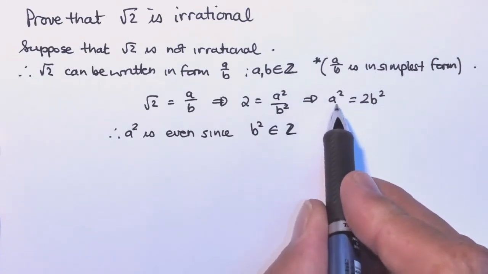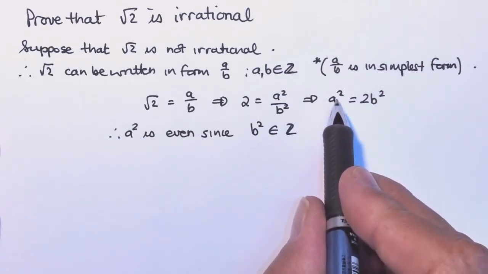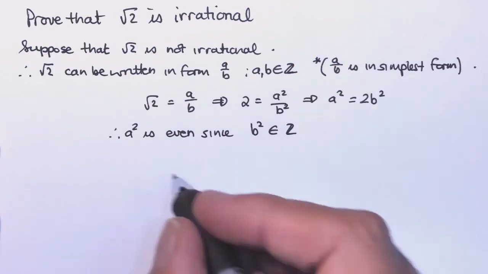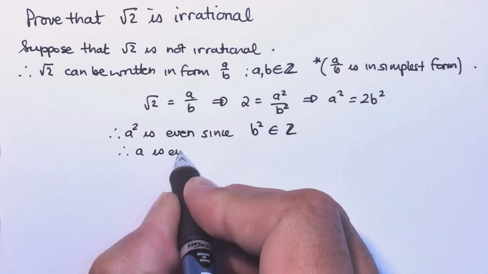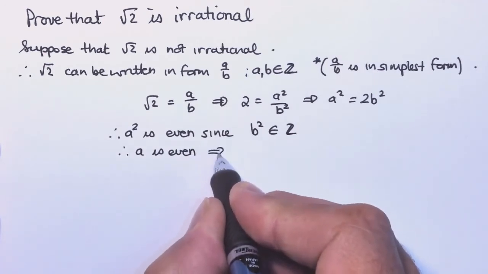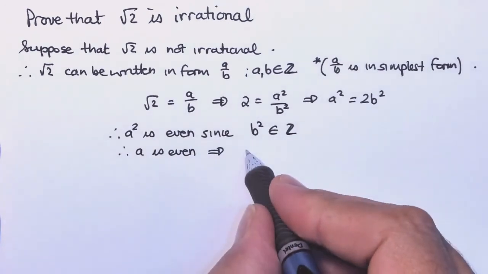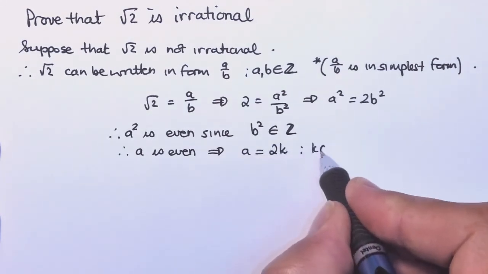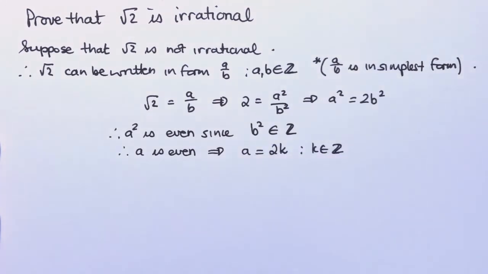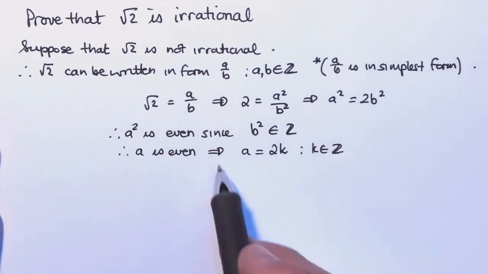So a squared is definitely then an even number. Now that implies, as we've seen earlier, that a is even. Now what does that mean? That means that we can write a as a multiple of 2, as 2k, where k is some integer.